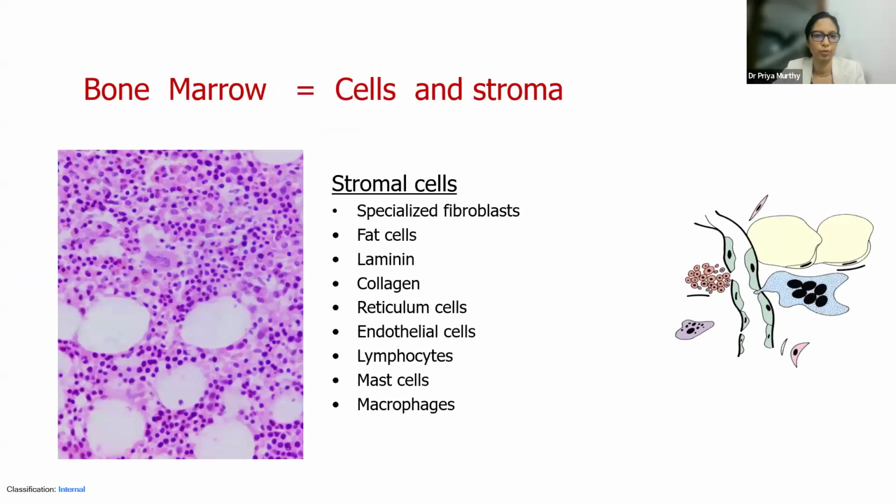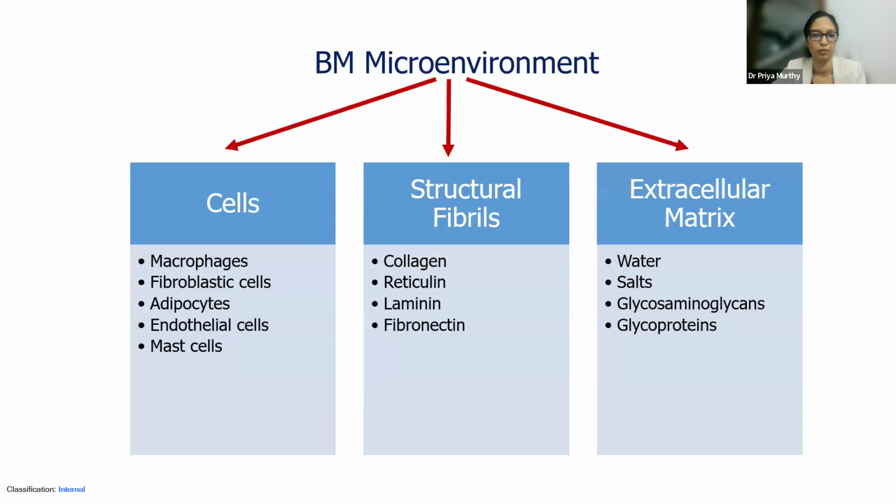So we know bone marrow is composed of both cells and stroma. Cells include the hemopoietic progenitor cells and the stromal cells. I think my other colleague speaker will be elaborating more on that. Stromal cells include fibroblasts, fat cells, laminin, collagen, reticulum cells, endothelial cells, lymphocytes, mast cells, and macrophages.